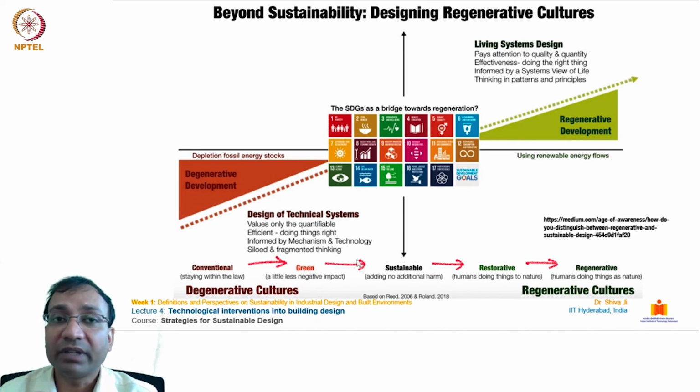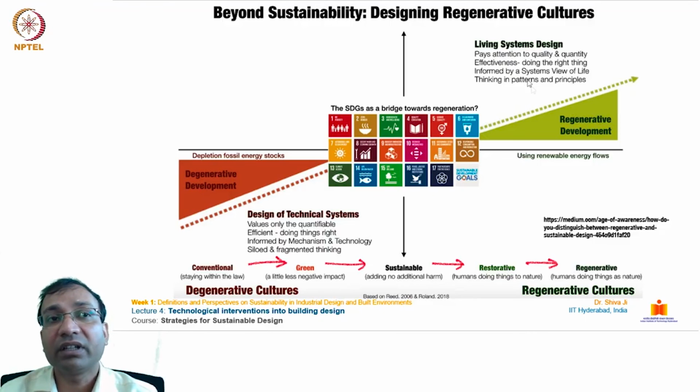Then from there we can go further to the restorative stage, and then from there to the regenerative stage. So this is a long way. Right now we are somewhere in this area, right? So from here we have to reach the sustainable level, then the restorative level, then the regenerative level.